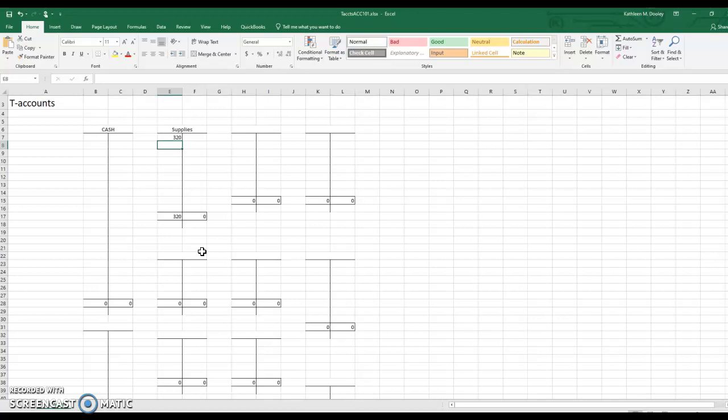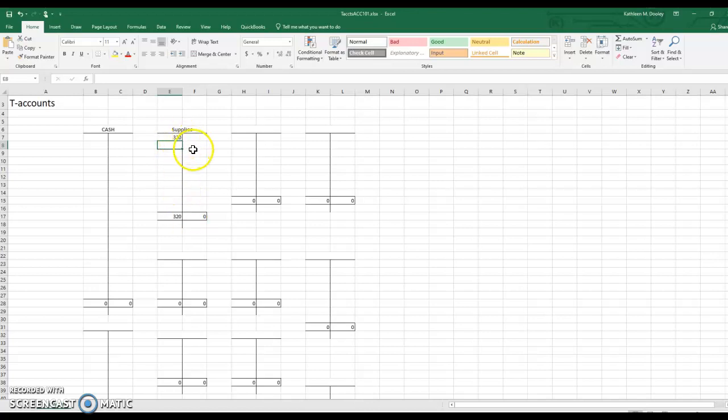So we're going to take $320 and subtract the 90 that's still left. And that shows us that we have $230 of supplies that we used.